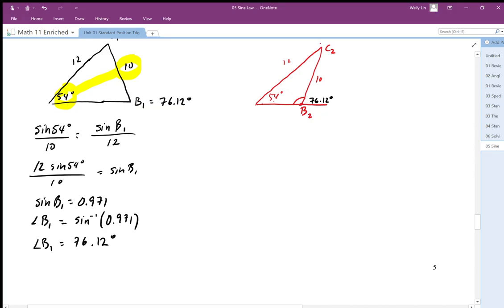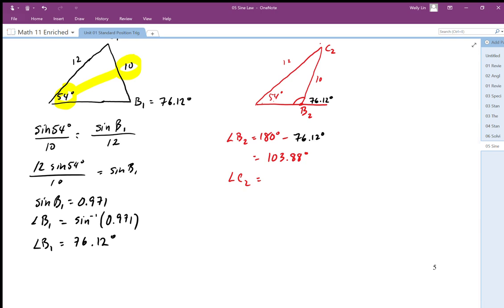And again, it's the exact same issue as theta 1, theta 2 when we undo the sine in the circle. So angle B2 is equal to 180 degrees minus theta 1. It's the exact same formula, and we get theta 2 is equal to 103.88 degrees.